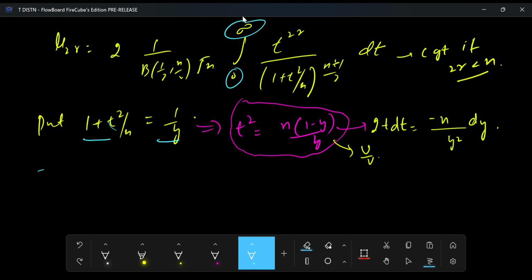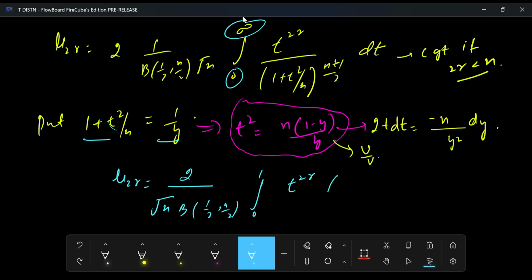Simply, the limit will be from 0 to 1. Now mu 2r is equal to 2 upon root n beta 1 by 2 comma n by 2, integral from 0 to 1, t^(2r) minus n upon (1 by y)^((n plus 1) divided by 2), 2t y square dy.